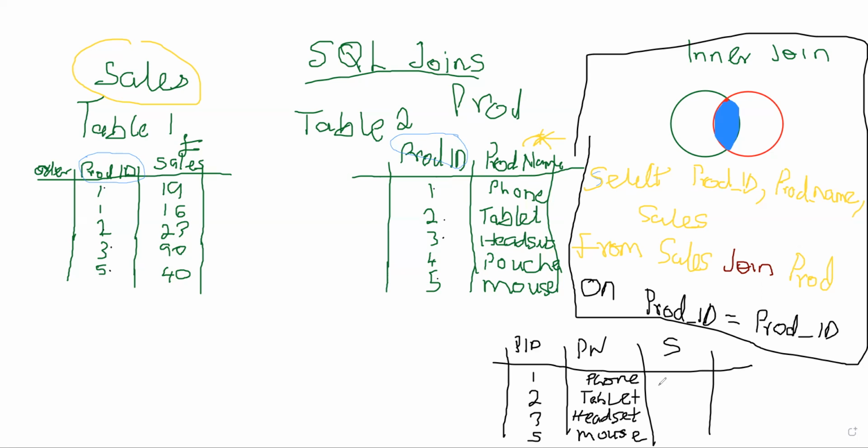Then we go to sales. Because we did not tell it to give us total sales, like the sum of sales, it's going to pick only this one sales.